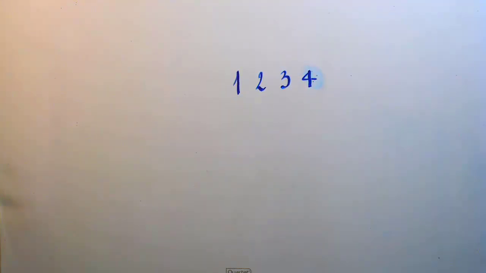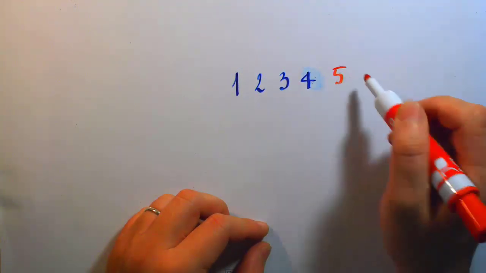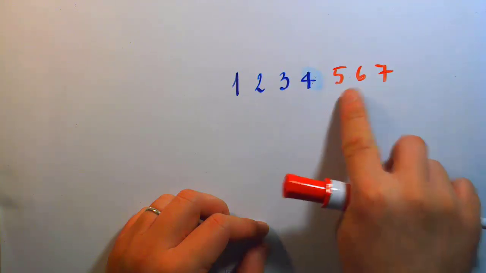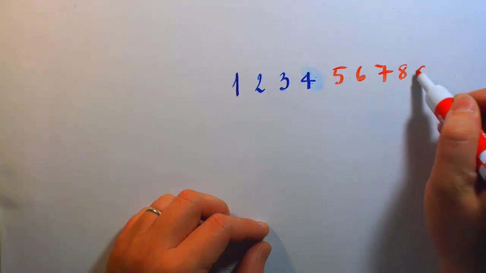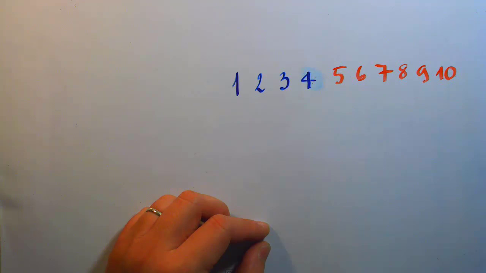And then the other markers are from 5 to 10, being red. So 5, 6, 7, 8, 9, and 10. These simply represent the different markers, getting different labels like that.